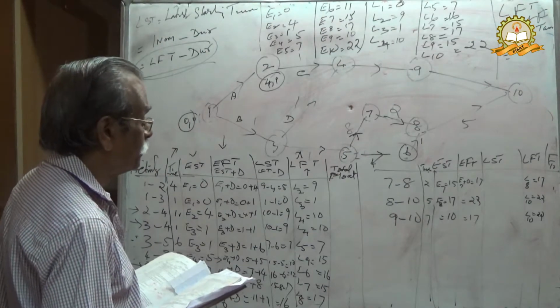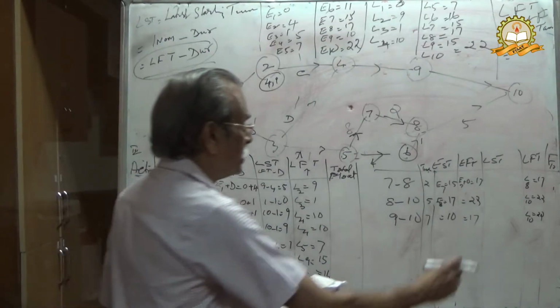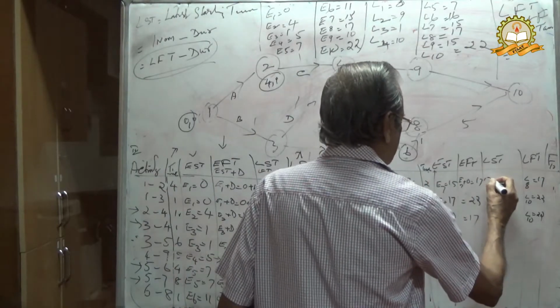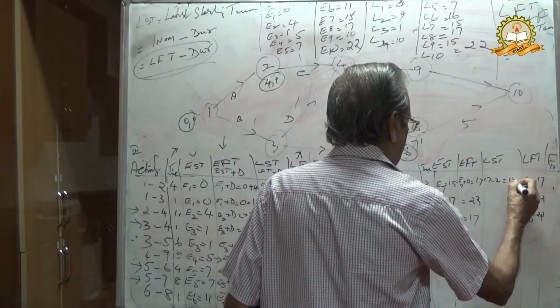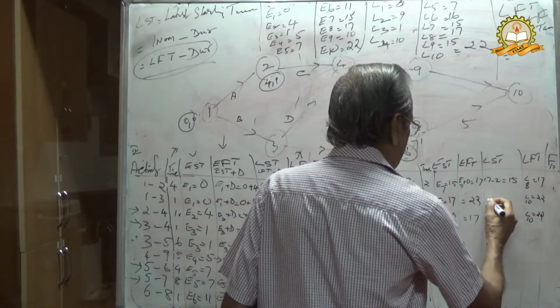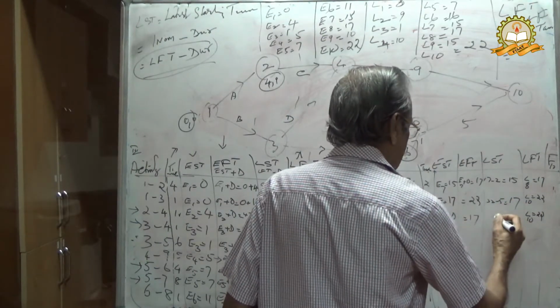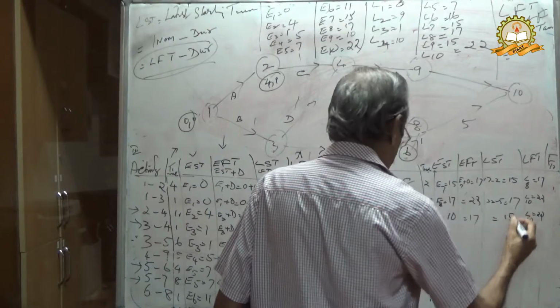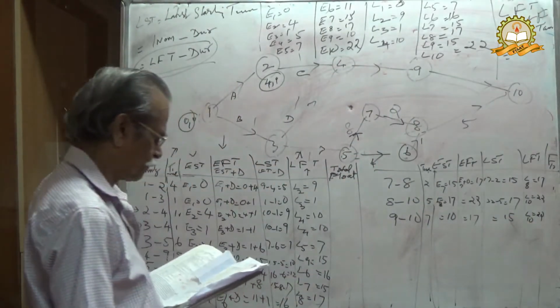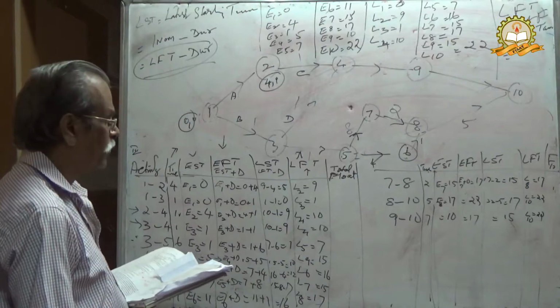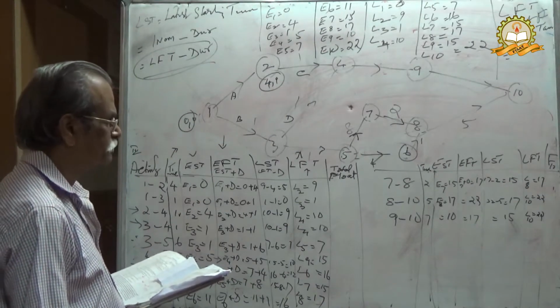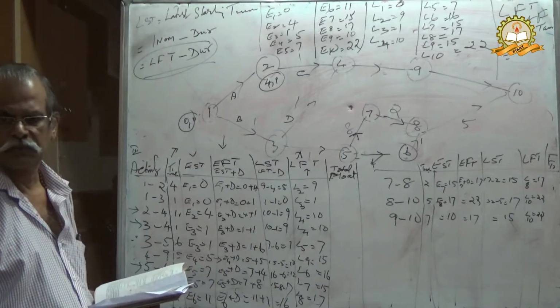Here you have 17 minus 2, 15. 22 minus 5, 17. 22 minus 7, 15.